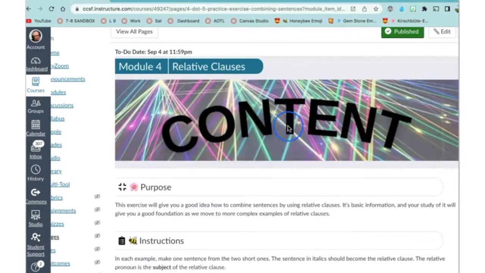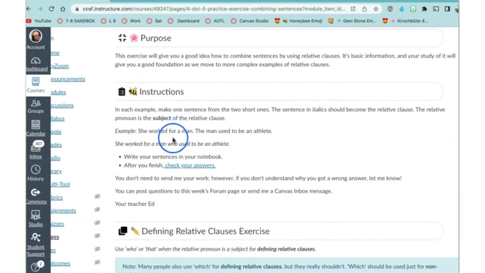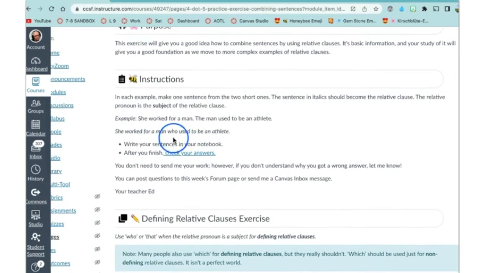Relative clauses need a lot of practice, so we're going to do some practice in combining sentences to make two sentences into one by using a relative clause. In the example, you have two sentences. She worked for a man. The man used to be an athlete.